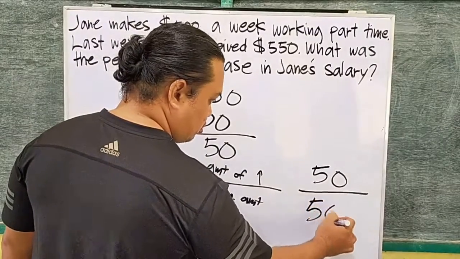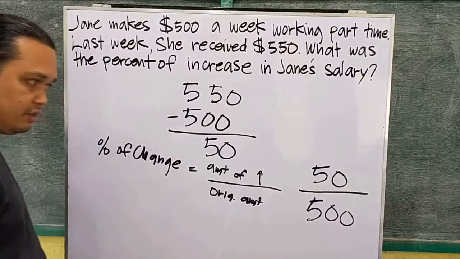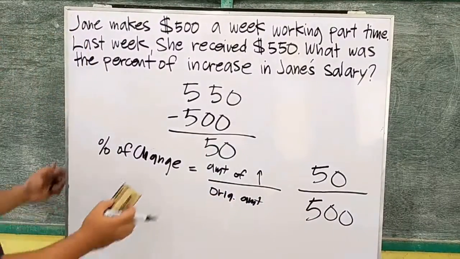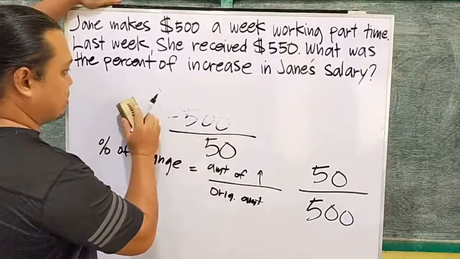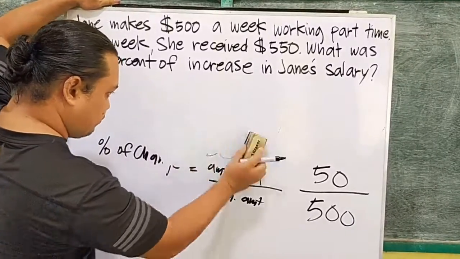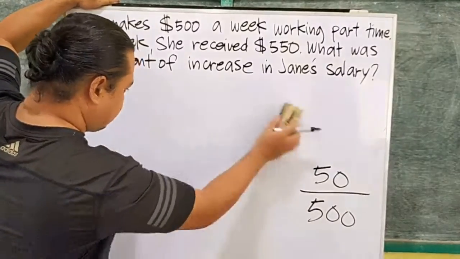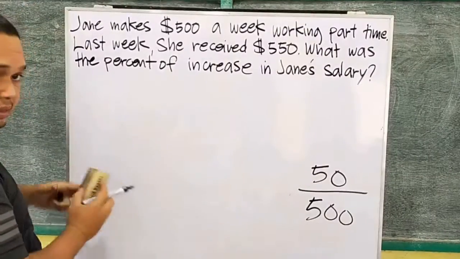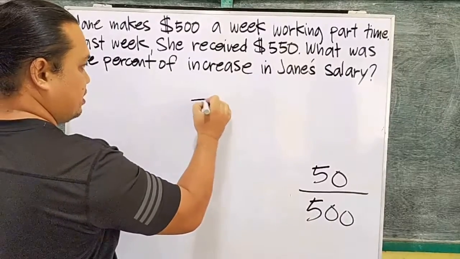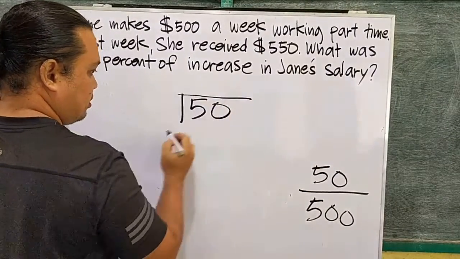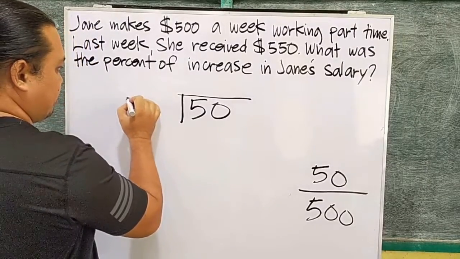So for our solution, that will be 50 divided by 500, and that is how we're going to find the percent of change. Let's do that. Let's divide 50 over 500.